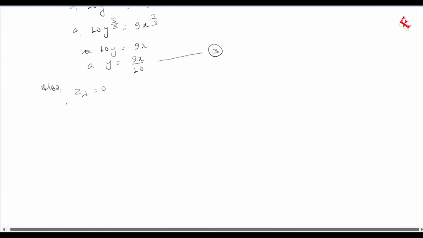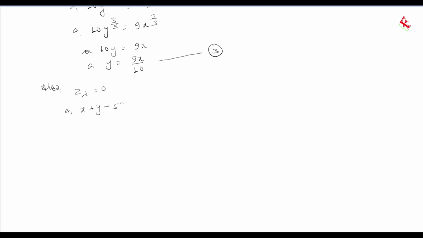Then what we will obtain is x plus y minus 5 on the 70 equals 0, because only this term has been multiplied by lambda, or the term will be 0. Then we'll get x plus y minus 570 equals 0. Over here we'll substitute the value of y. It is 9x over 10 minus 570 equals 0.